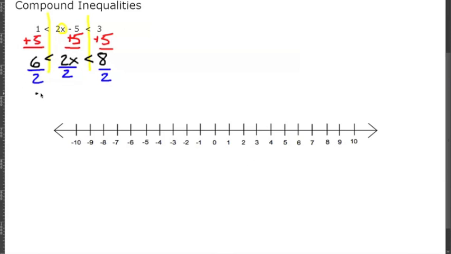That's going to leave us with 3 is less than x, which is less than 4. And now we can graph that. 3 is less than x, so we're going to the right, but we're only going up until 4. So we're shading between the 3 and 4, and the 3 and 4 are not filled in. So 3 is less than x, which is less than 4, is our answer.